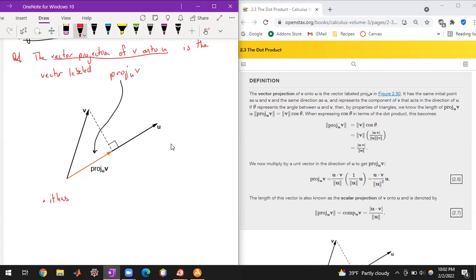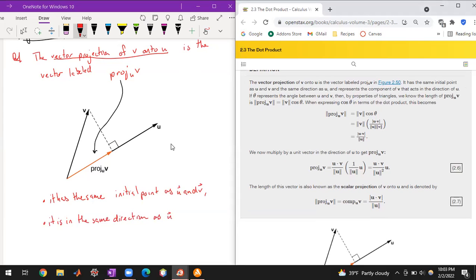It has the same initial point as U and V. It's in the same direction as our vector U. And it represents the component of V that acts in the direction of U.